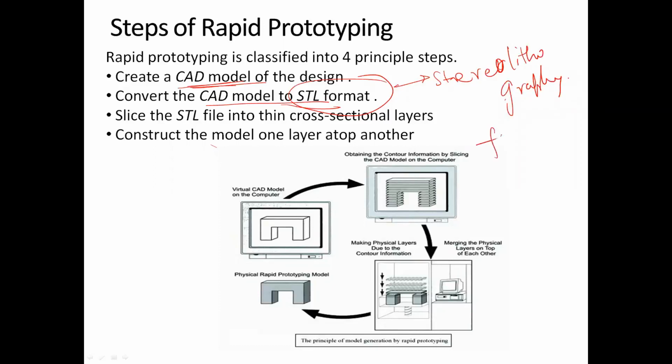Okay, this is the format. How this came into picture, I'll just give you a very brief idea. The first commercial industrial process of rapid prototyping was called stereolithography, and it used liquid resin to develop a prototype.